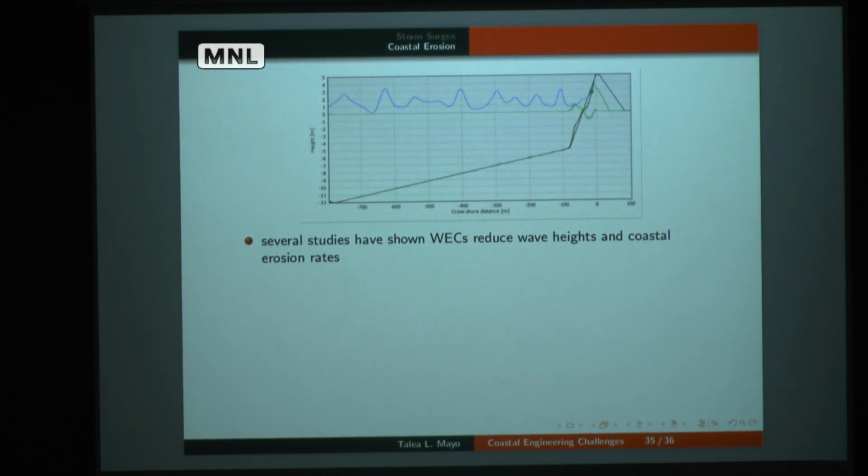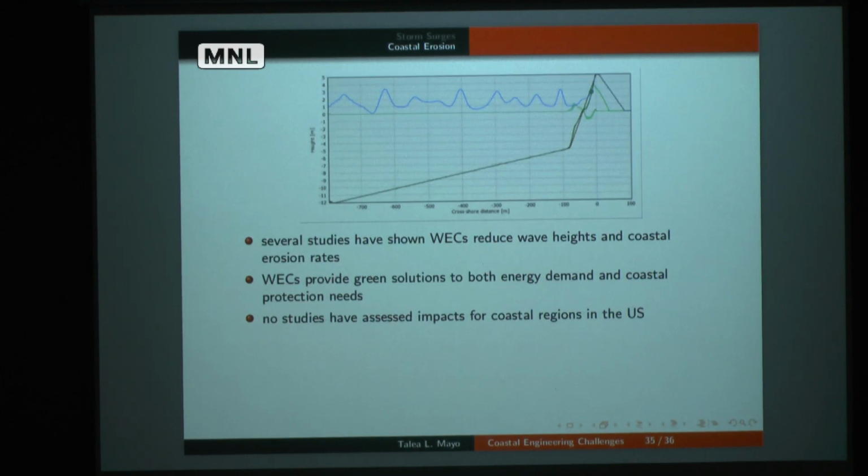Several studies have shown that wave energy converters reduce wave heights and coastal erosion rates. So the conversion provides a green solution to both energy demand and coastal protection needs. There are no studies that have assessed impacts for coastal regions in the US. All of them are for Spain, the UK.